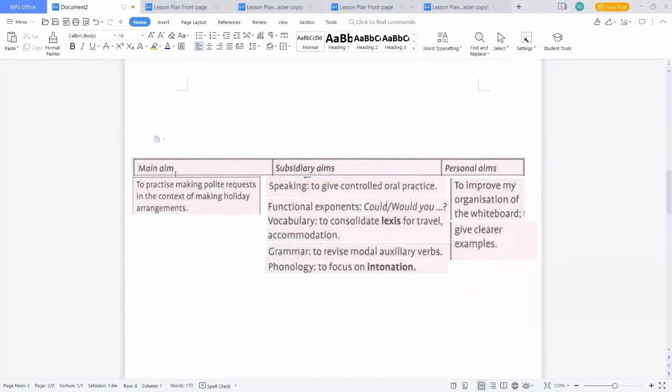Your main aim is the thing students will be able to do at the end of the lesson. Your subsidiary aims are the smaller building blocks they need to achieve the main aim.